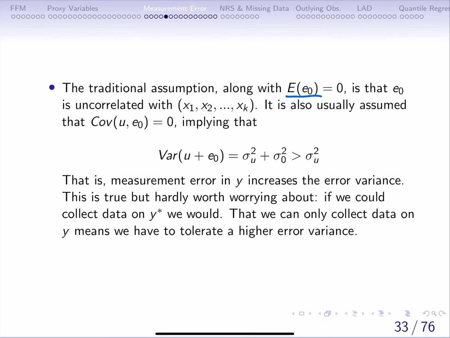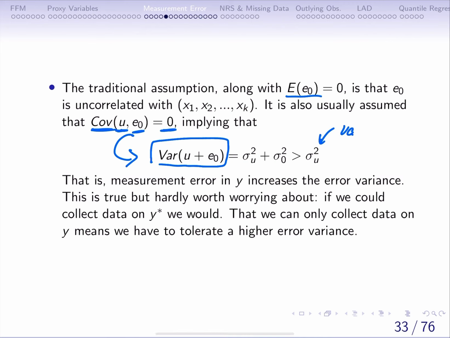It is usually assumed that the covariance between U and E naught is 0, which basically implies that the variance of this composite error term is going to be greater than the variance of U, which was sigma square U. Because we have this measurement error, the variability in our errors is going to be higher than the previous case where we only had U. So in other words, measurement error in Y increases the error variance, but this is not something we need to worry about too much, because if we could collect data on Y star, we would have collected that already.